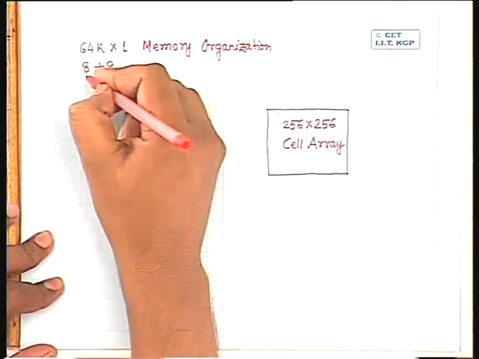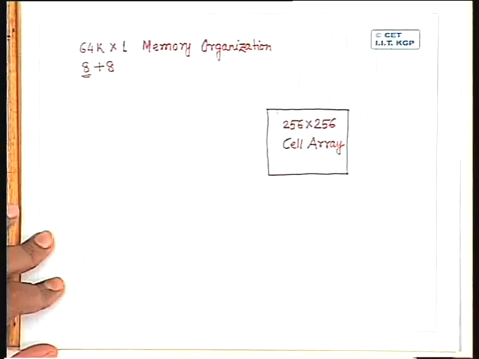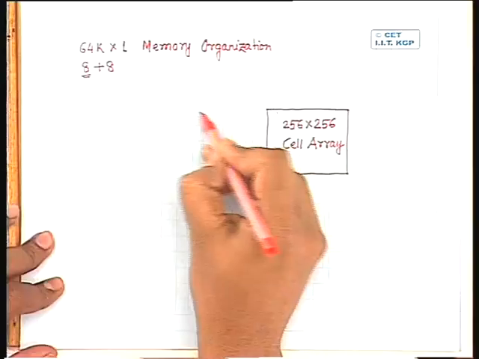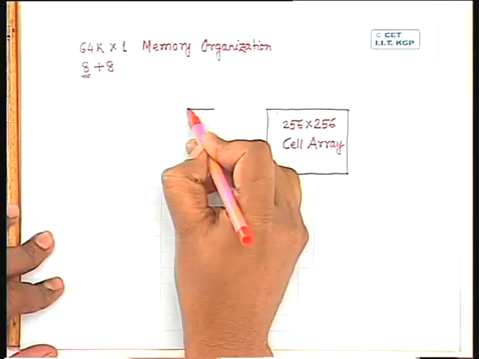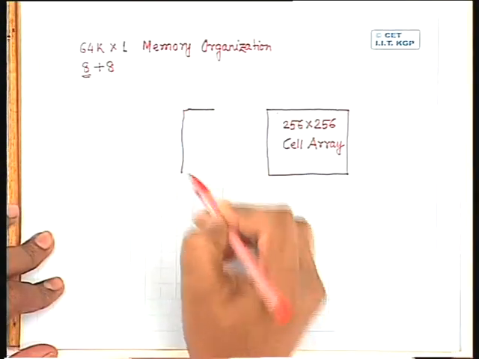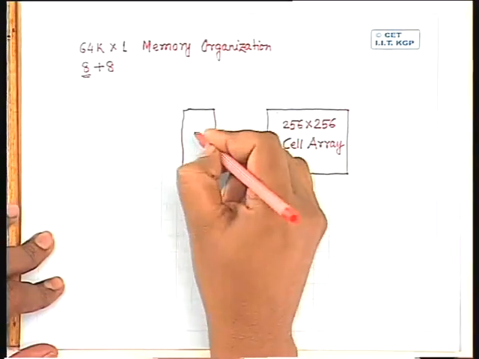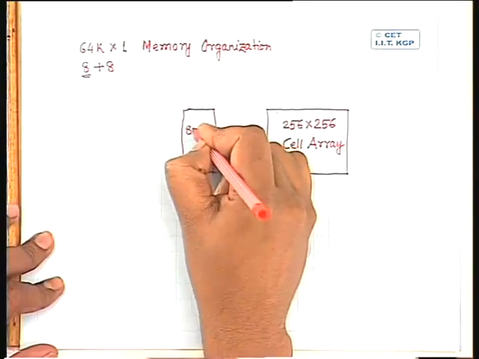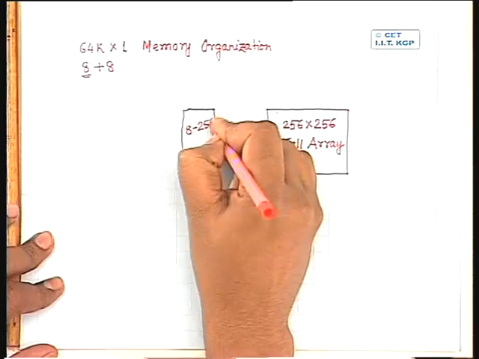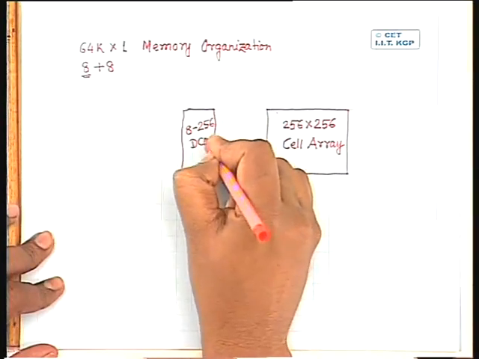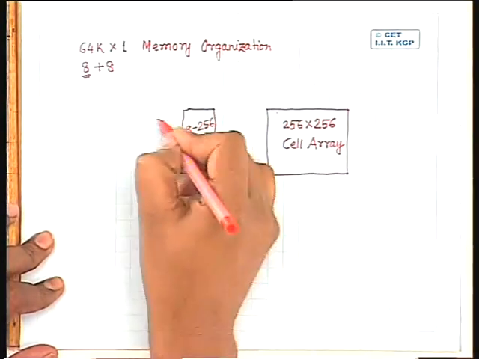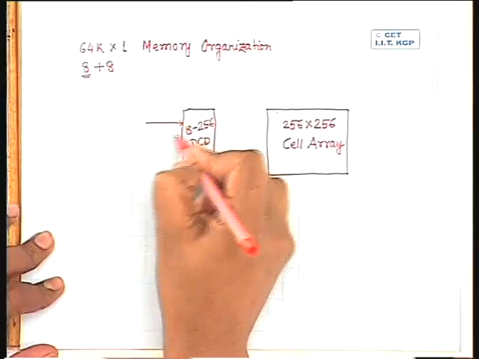The 8 address lines, which I call the row address, are fed to an 8 to 2 to the power 8 decoder. So, an 8 to 256 decoder. It will have 8 address lines as input.